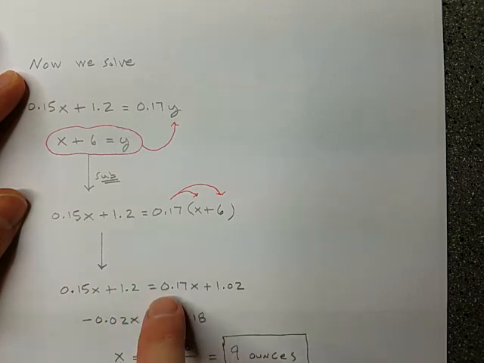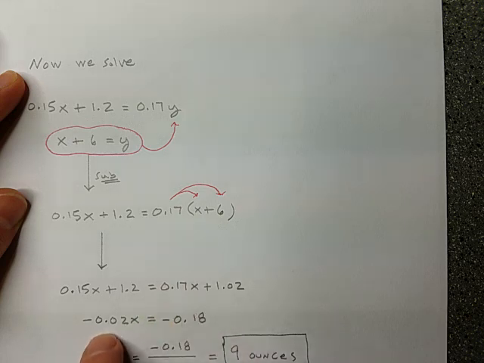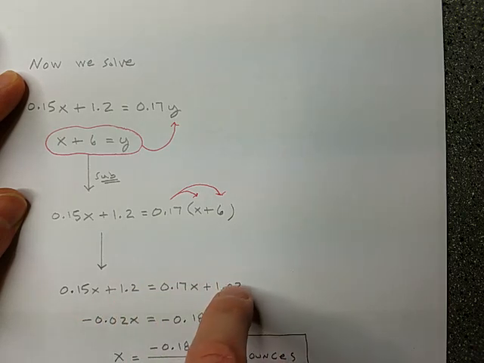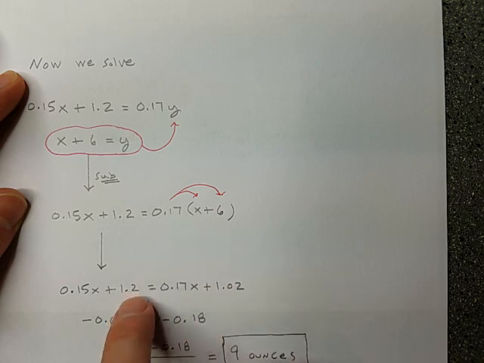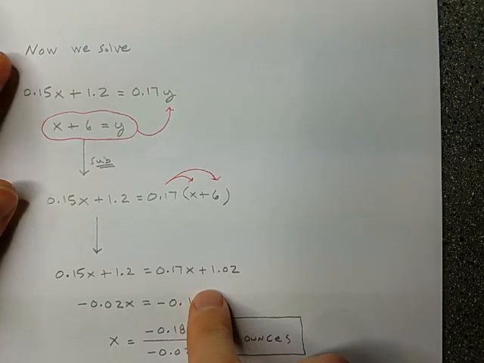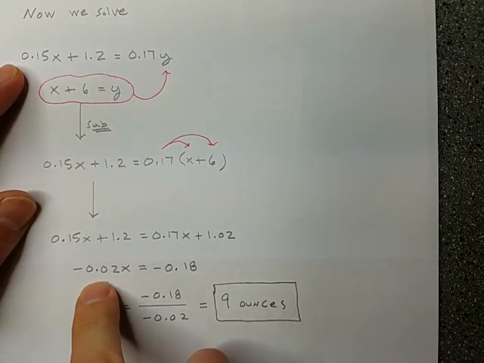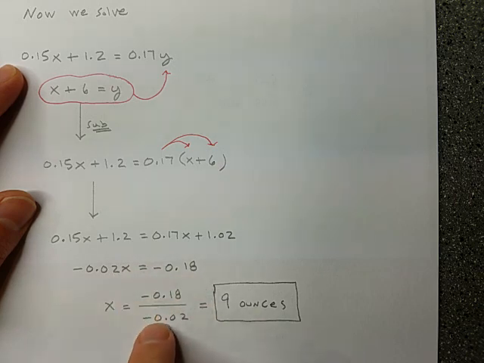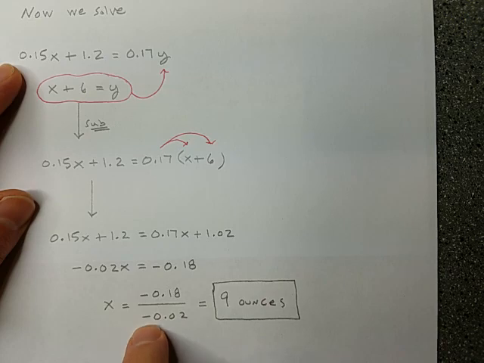So I subtract 0.17x from both sides, leaving me with negative 0.02x on the left. And I subtract 1.2 from both sides. 1.02 minus 1.2 is negative 0.18. So one last step, I divide negative 0.18 by negative 0.02, and that's 9.